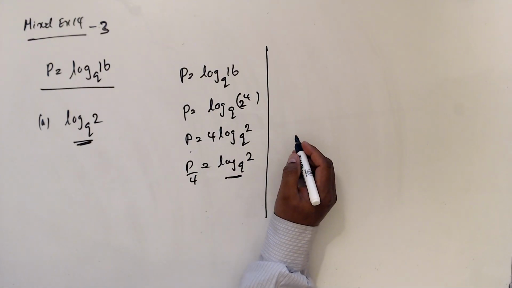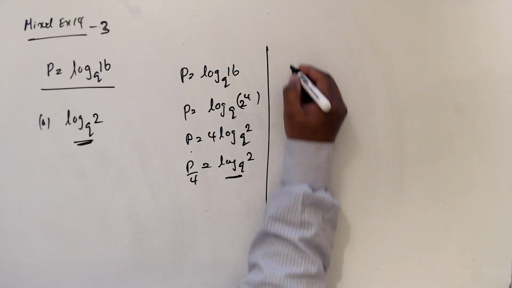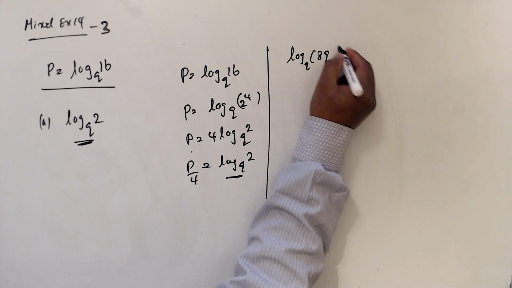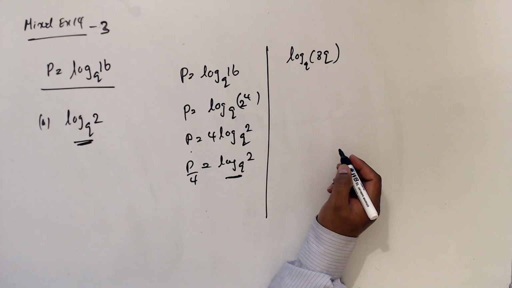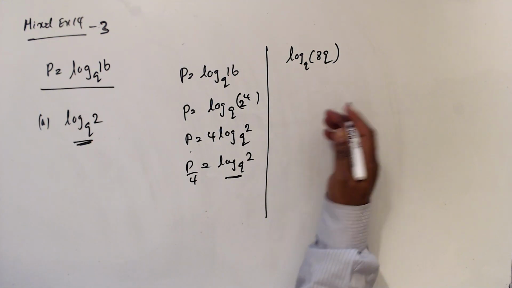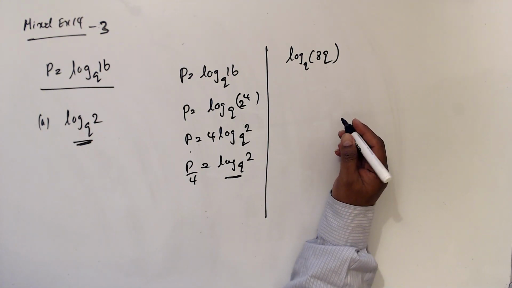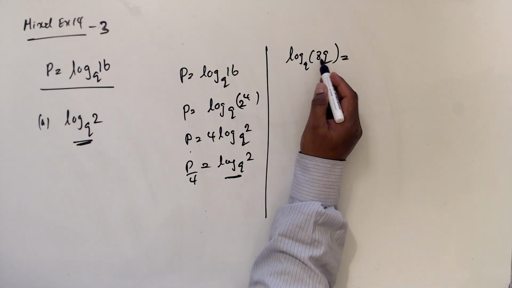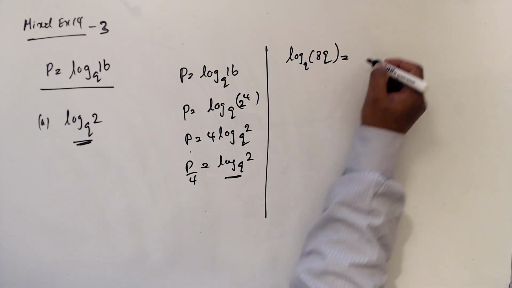And the second one is log Q to the power 8Q. In this kind of sum, first of all, we need to look at the expansion, because Q and 8 together is difficult to handle.